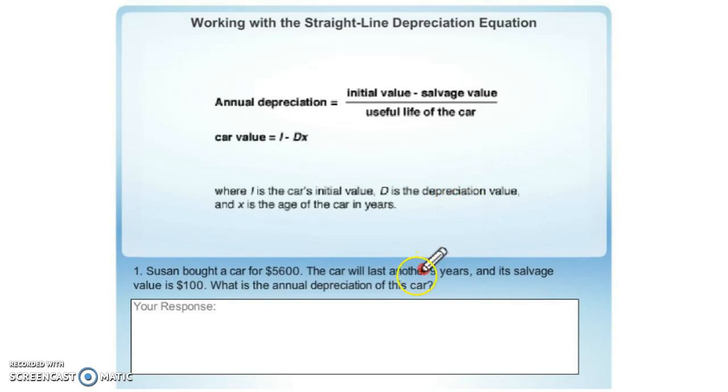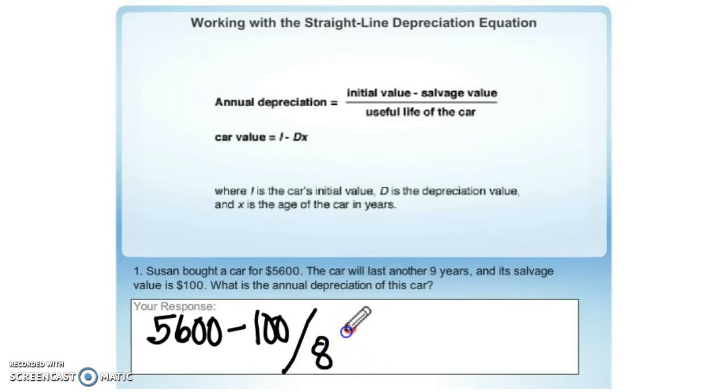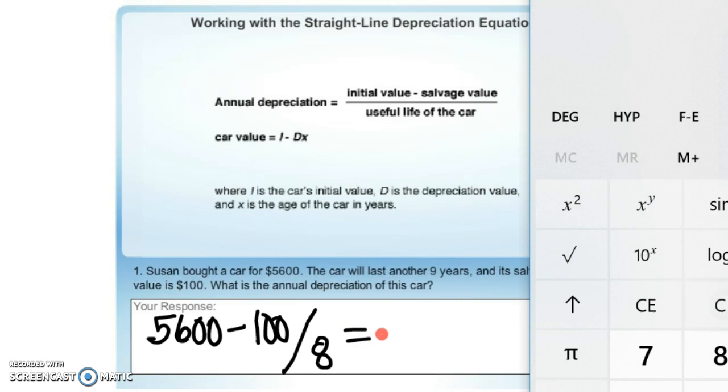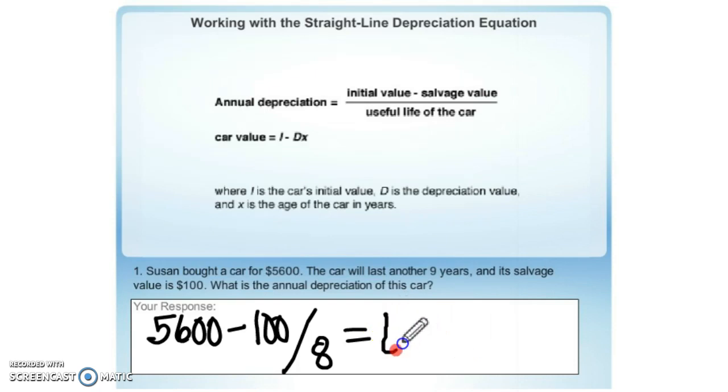Again, this is the same as what we have been doing. $5,600 minus 100 divided by 8. Pull up my trusty calculator. Tells me that my annual depreciation is $687.50.